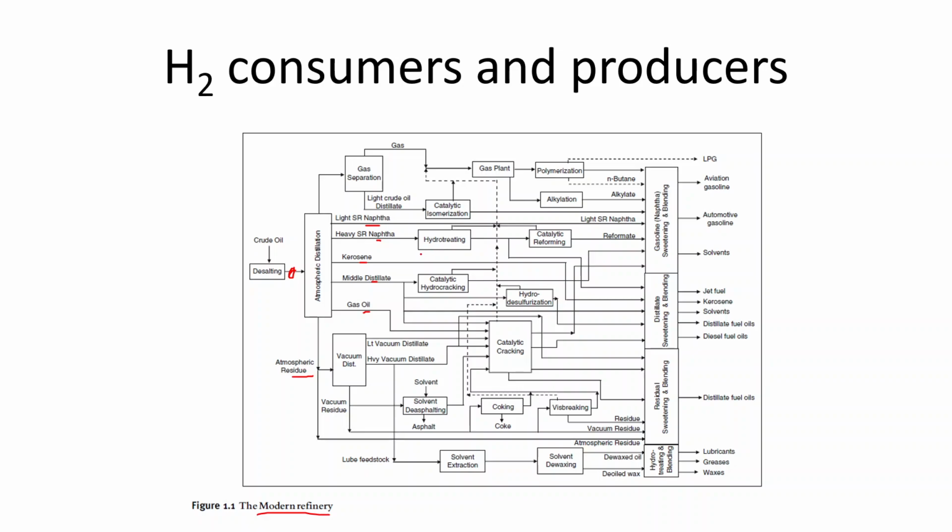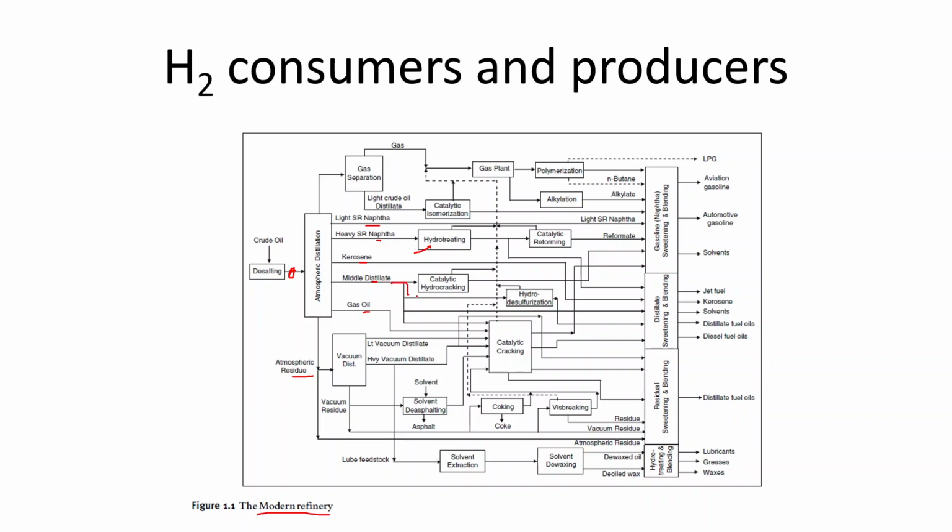In this case we need hydrogen, because the sulfur becomes H2S, and we also remove nitrogen and oxygen. We also have hydrodesulfurization over here, so we also need hydrogen to desulfurize, in this case, the middle distillate.